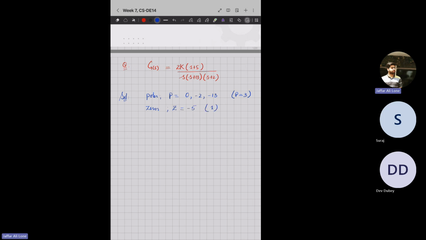We have 1 zero. Okay, so what is P minus Z? P minus Z is 3 minus 1, which is 2.